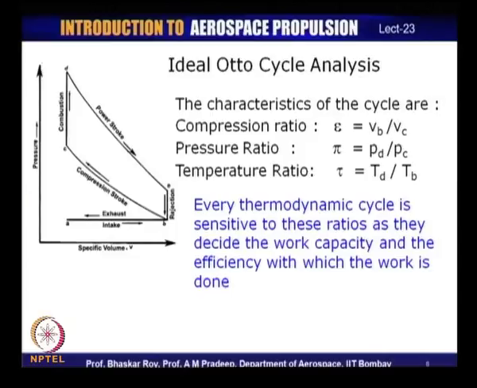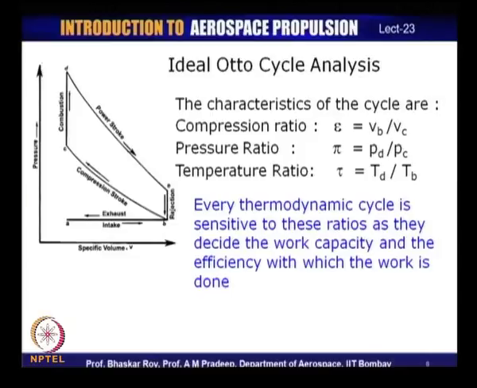The first one is the compression ratio, which is the volume ratio between V B and V C. That is the compression ratio under which this cycle operates, and it is simply called this volume ratio is simply called the compression ratio.